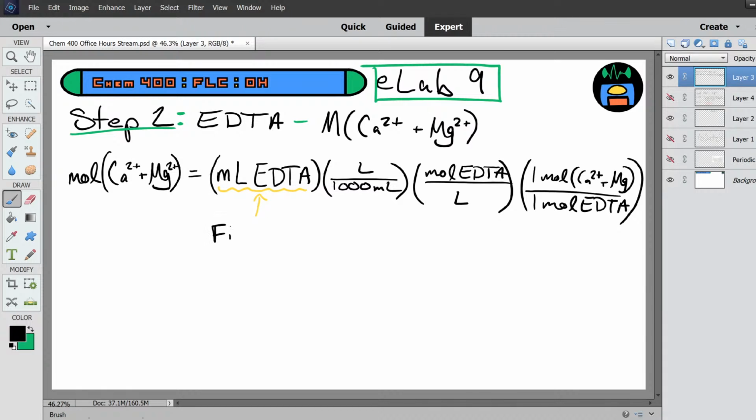You take the final minus the initial, because for your data set, they give you the final volume of the burette and the initial volume. You take that difference, that's the number you plug in here. We have to use the unit conversion to get rid of milliliters so that our volume in liters can cancel.